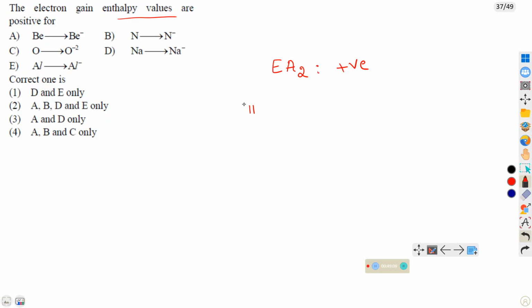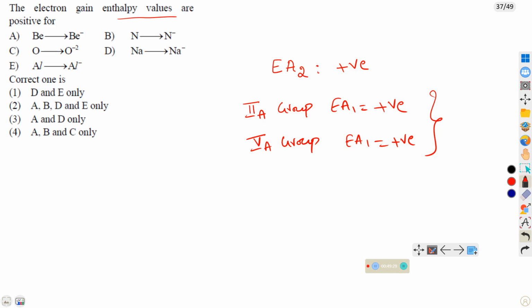For 2A group elements, EA1 is positive. Generally EA1 is negative, but for the 2A group EA1 is positive. Not only the 2A group, for the 5A group also the electron affinity 1 value is positive, because 2A and 5A group elements have the most stable electronic configuration.